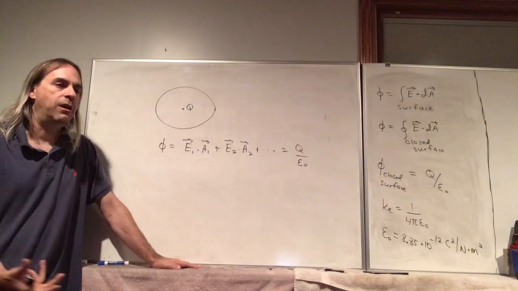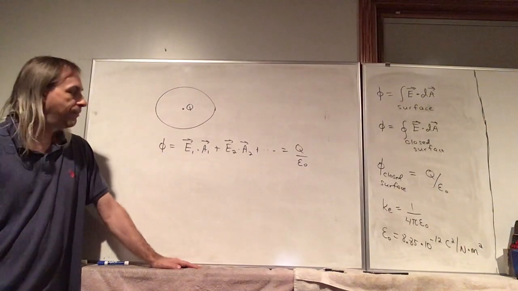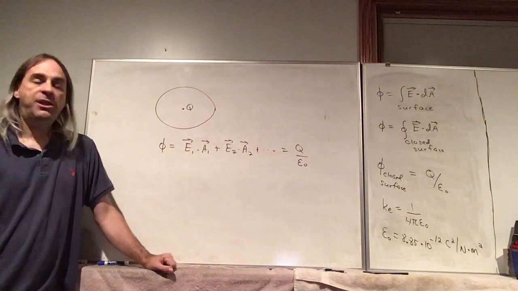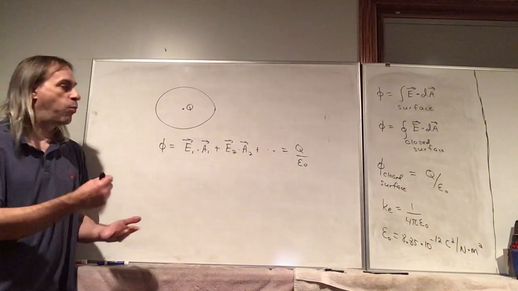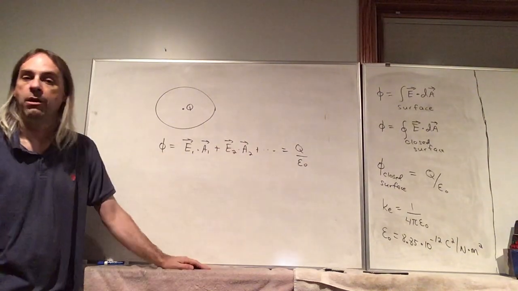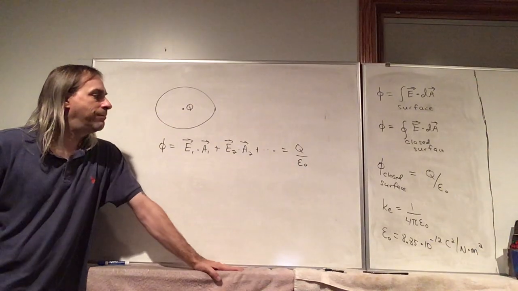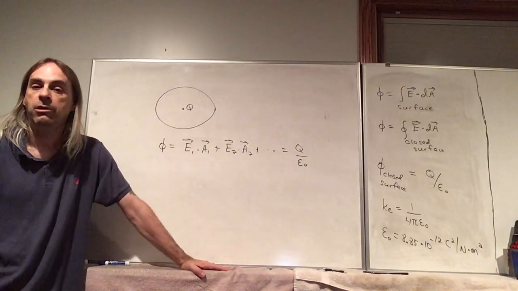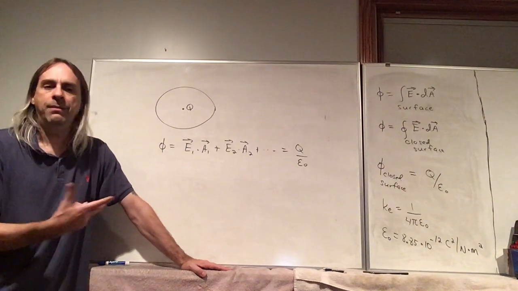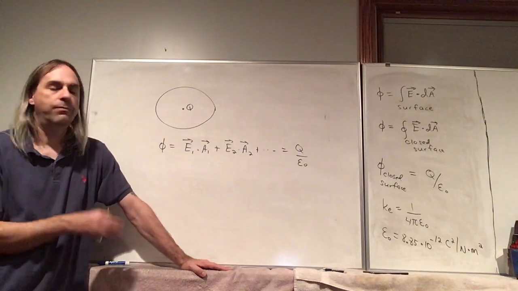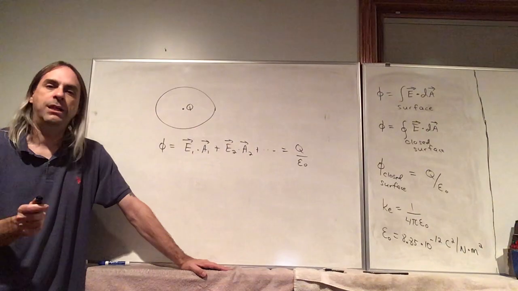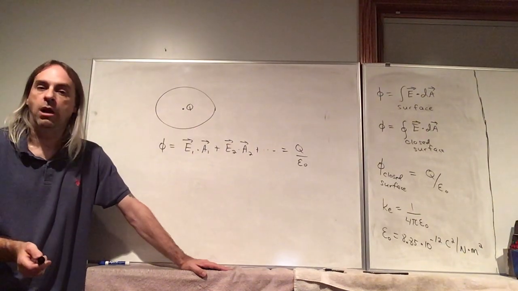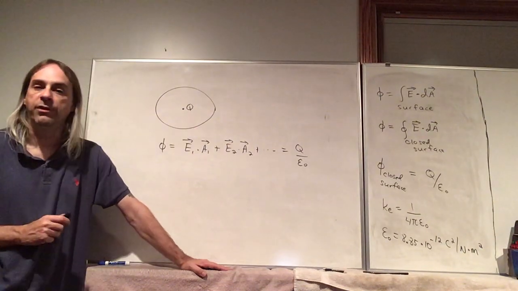So the electric field, let's say, is unknown. Every term here contains an unknown. We have one equation with millions of unknowns. So as far as just using Gauss's law to calculate the electric field, it seems kind of like a hopeless task. However, there are a few cases where we can use Gauss's law to calculate the electric field.